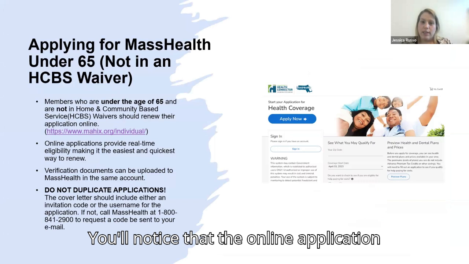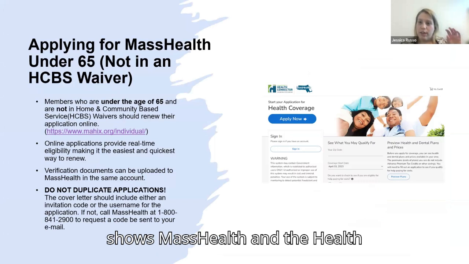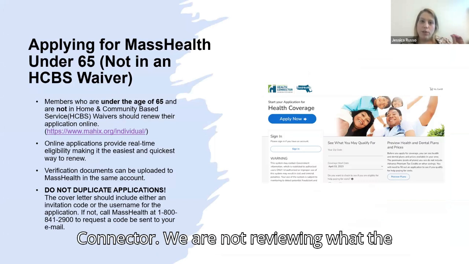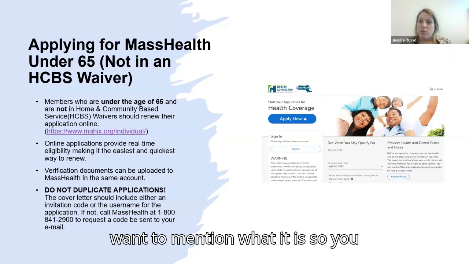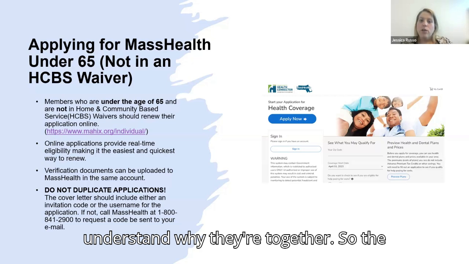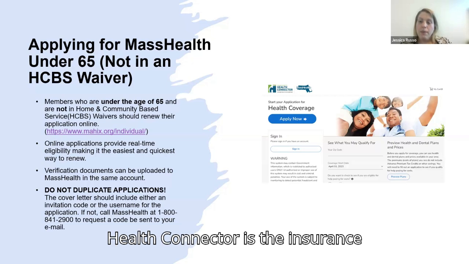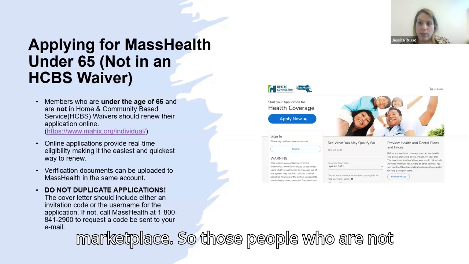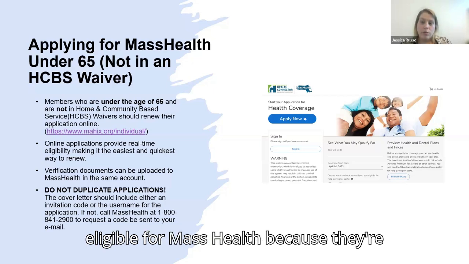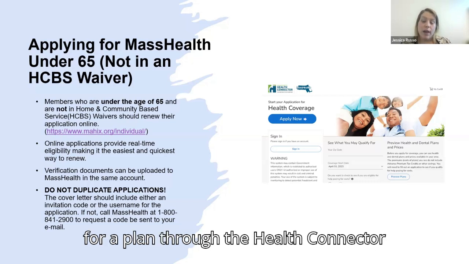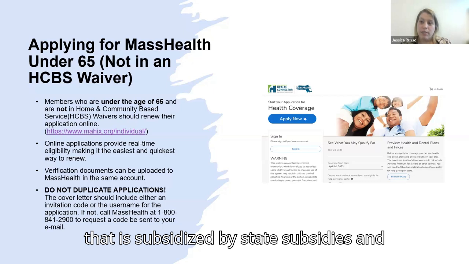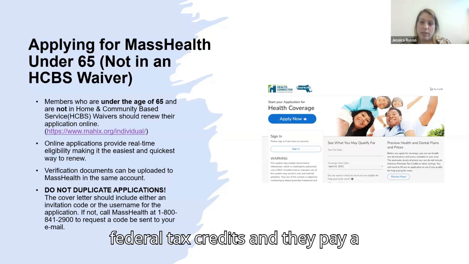You'll notice that the online application shows Mass Health and the Health Connector. We are not reviewing what the Health Connector is today, but I just want to mention what it is so you understand why they're together. The Health Connector is the insurance marketplace. So those people who are not eligible for Mass Health because they're over income may be eligible for a plan through the Health Connector that is subsidized by state subsidies and federal tax credits.